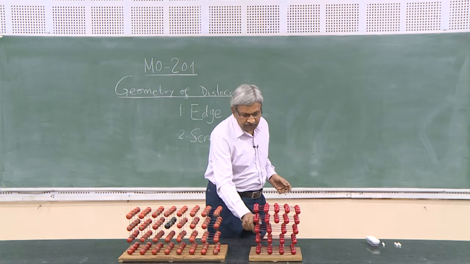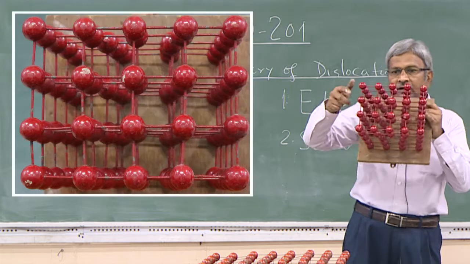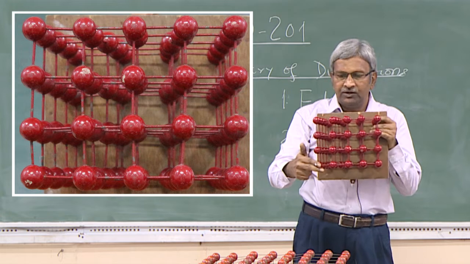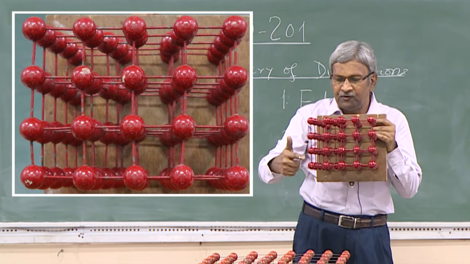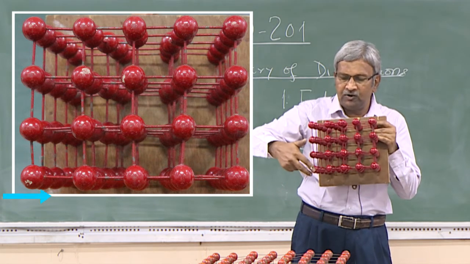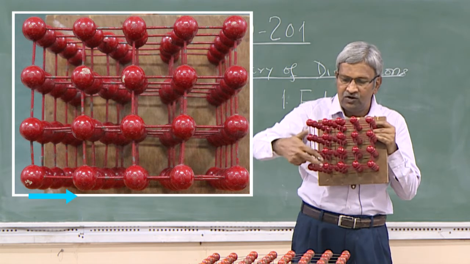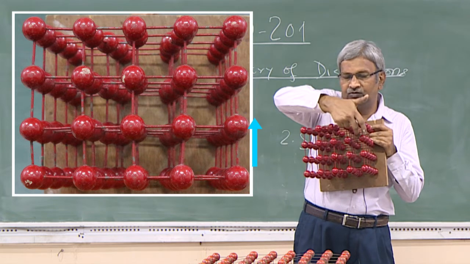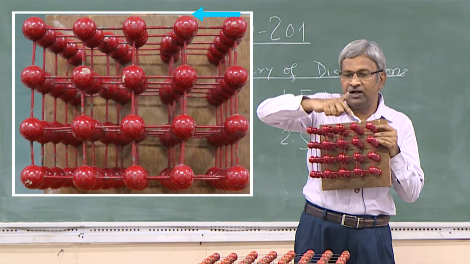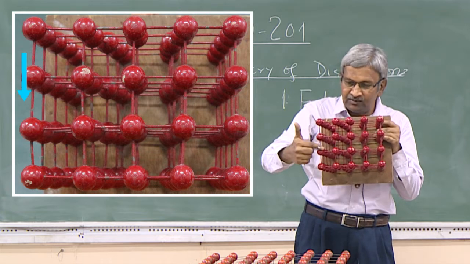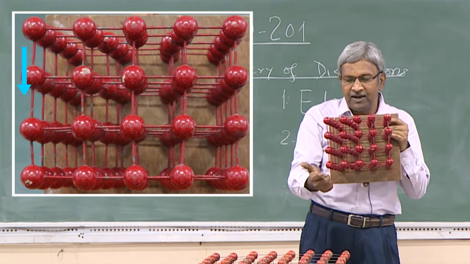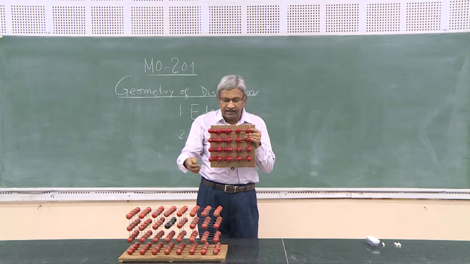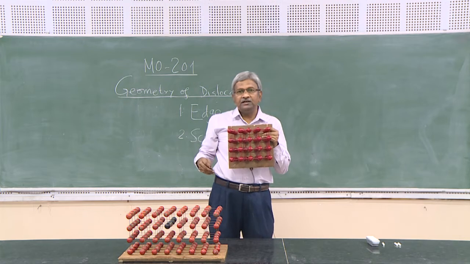So, I request you to kindly concentrate on this face. What do you find? If you start from here and keep counting, for example, this is 0, 1, 2, 3, 4, then 0, 1, 2, 3, and again you come down 1, 2, 3, you have come back to the original position from where you have started, meaning thereby that this face is a perfect one.